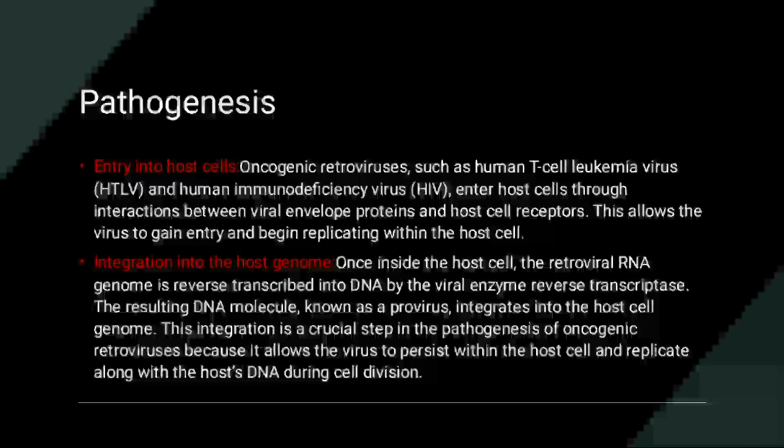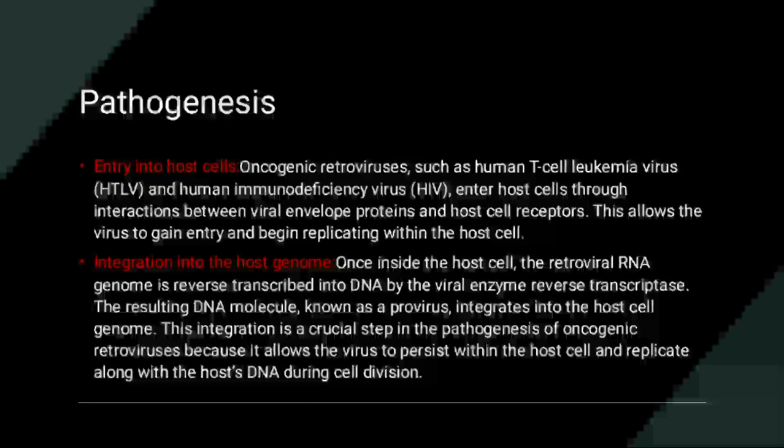Integration into the host genome. During cell division, in a mitotic cell cycle, the DNA contained in each chromosome doubles. Once inside the host cell, the retroviral RNA genome is reverse transcribed into DNA by the viral enzyme reverse transcriptase.